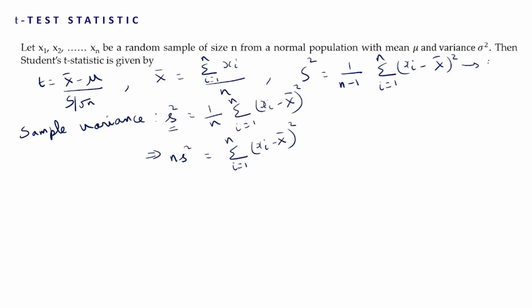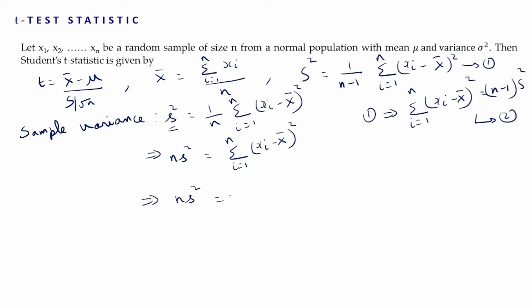If we take this as 1, here 1 implies summation i equal to 1 to n xi minus x bar the whole square is equal to n minus 1 into capital S square. So let us mark this as 2. So this implies n s square equal to n minus 1 into capital S square.